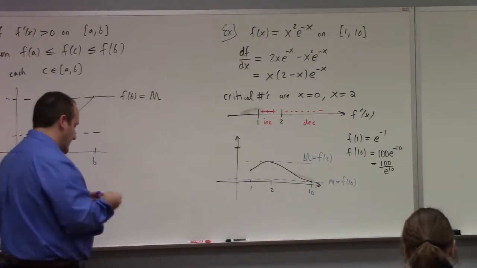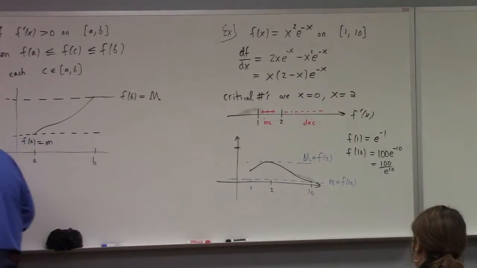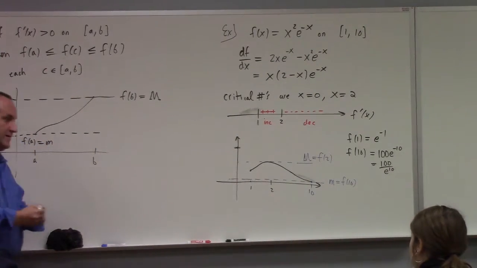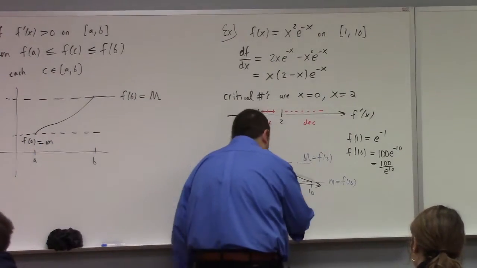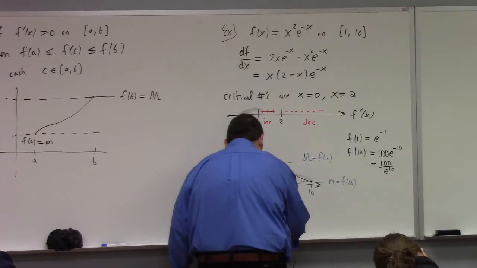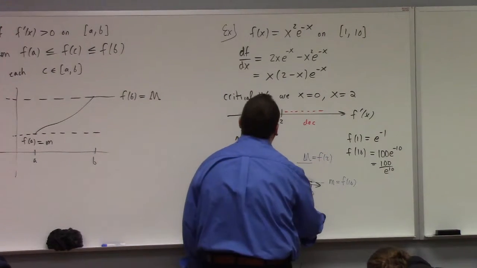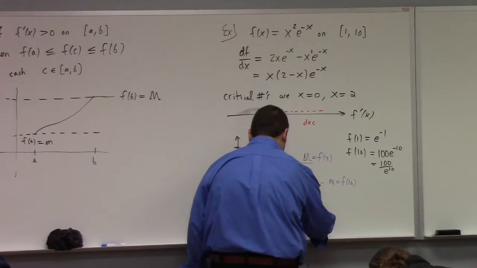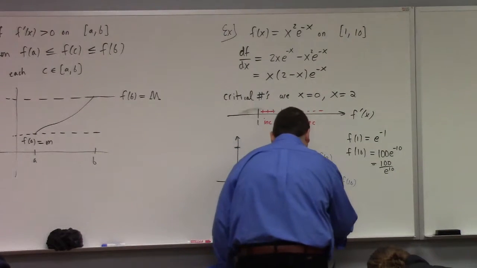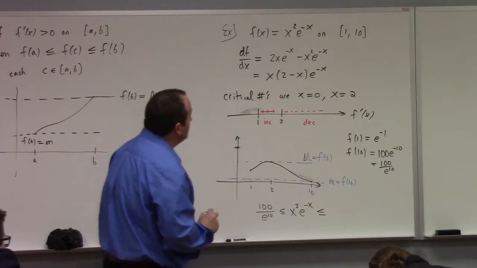So from this graphical analysis, I think it is clear that we have the following inequality. We have that 100 over e to the 10 is less than or equal to x squared e to the minus x is less than or equal to, what's f of 2?